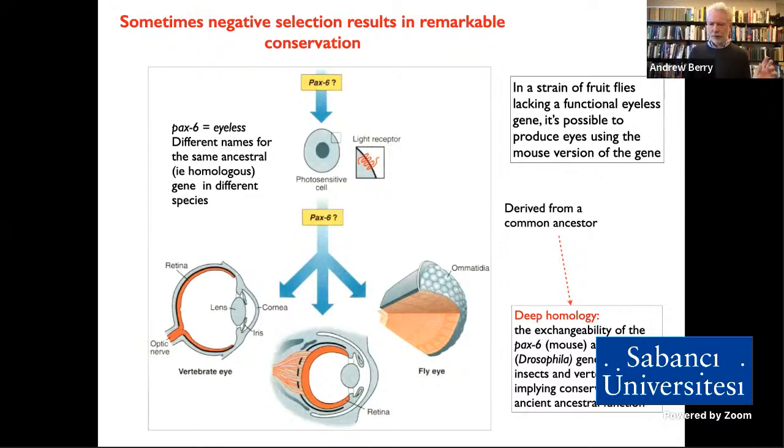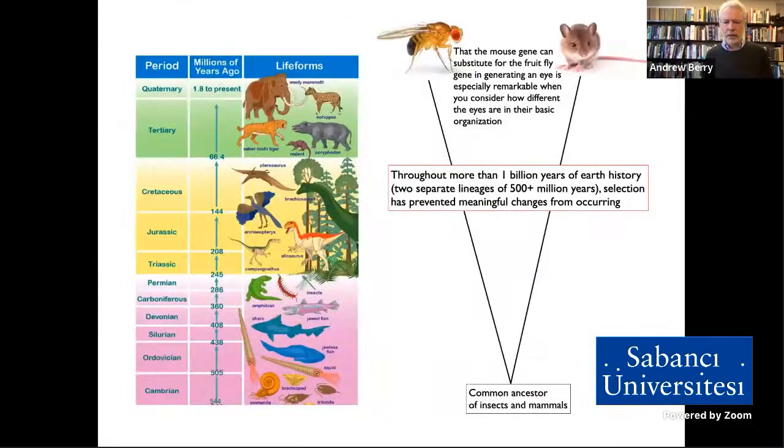If you've got a fruit fly with a functionless eyeless gene, so it has no eyes, you can take the gene out of mouse, put it in the fruit fly, and the fruit fly gets eyes. That's amazing. It's like taking a part from a very distantly related thing and rescuing the function of the original one.